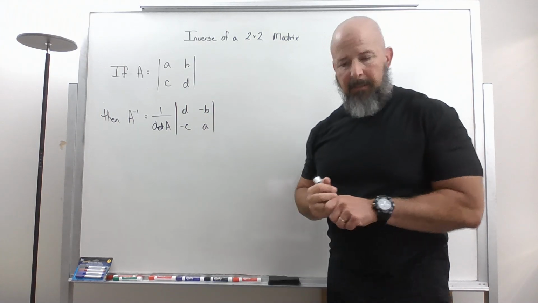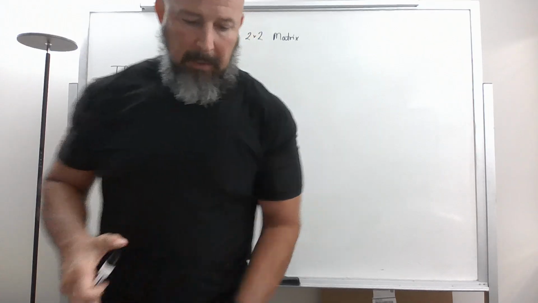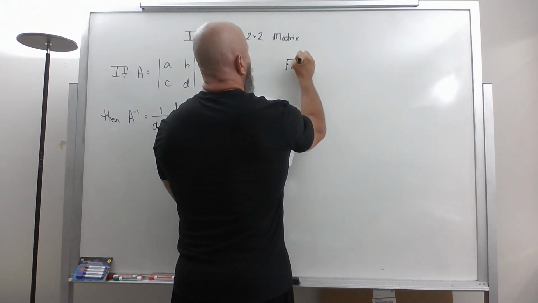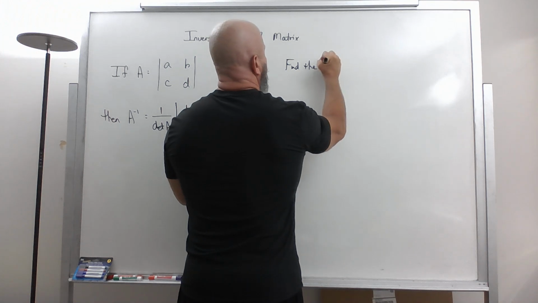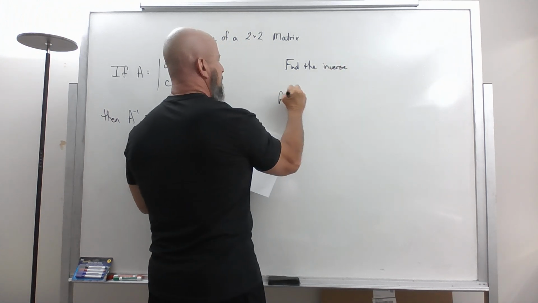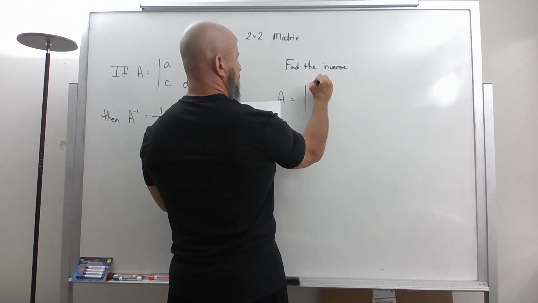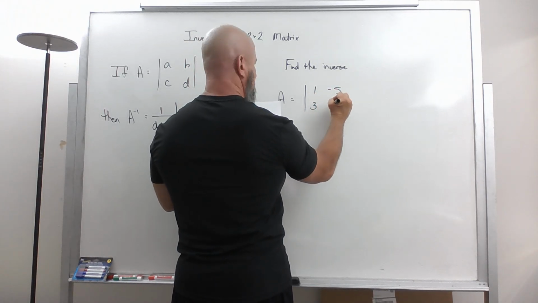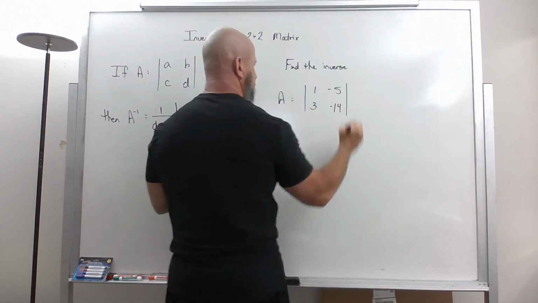So let's get an example up here. Let's say find the inverse. And we'll call this one A. Say it's 1, -5, 3, -14.